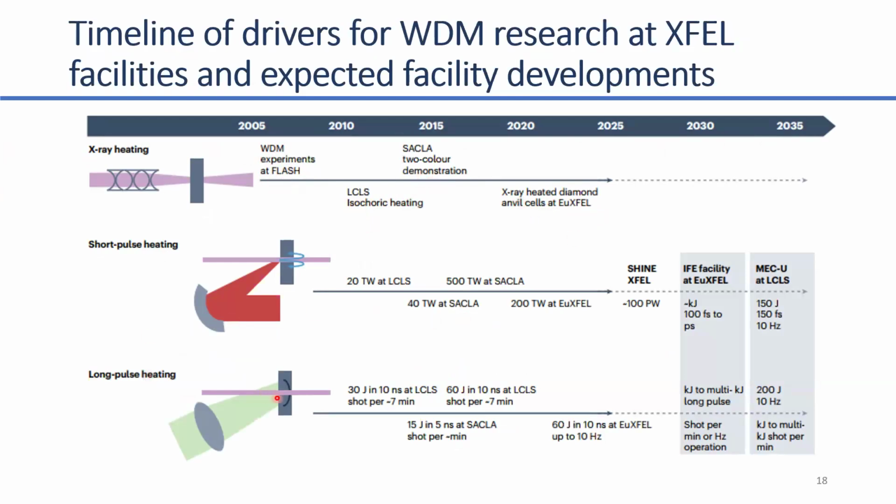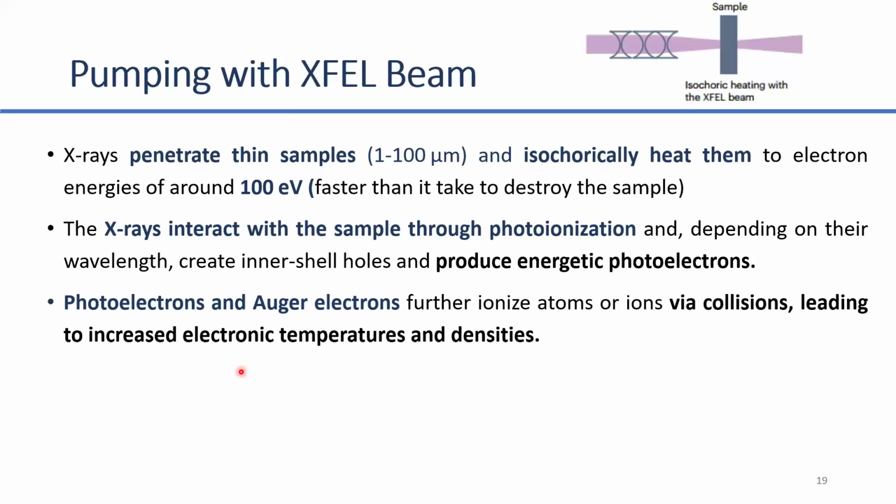If we look at how it is done, when we are heat pumping with the XFEL beam, it will isochorically heat these samples up to around 100 electron volts, and the photoelectrons and Auger electrons will ionize more ions, and via collisions it leads to high temperatures and densities.